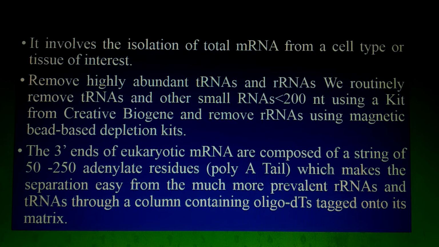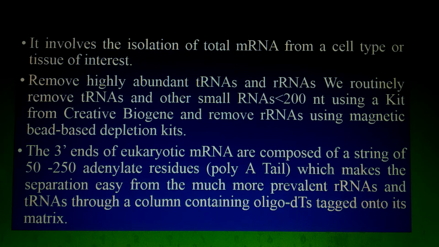As we are familiar, along with the messenger RNA there are transfer RNA and ribosomal RNA, which are about 80% of the total RNA. So ribosomal RNA and transfer RNA can easily be removed from the messenger RNA by using different kits, such as magnetic bead based depletion kits, or by chromatography too.